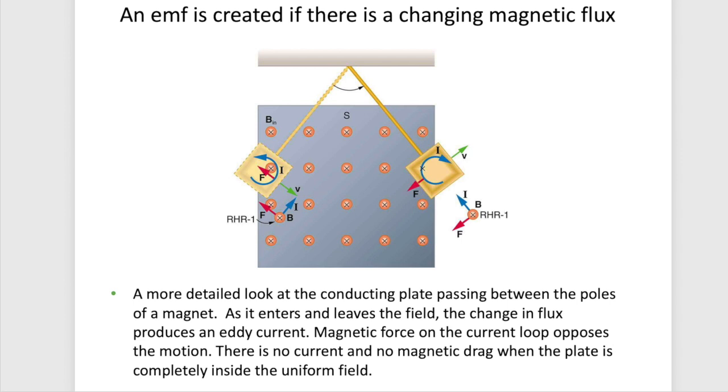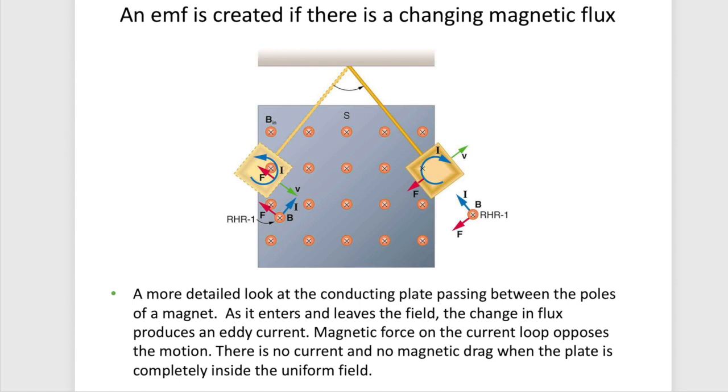And when there's a change in flux, there's an induced EMF. When there's an induced EMF, you get an induced current. This eddy current will induce a force that causes it to slow down. In both cases, you can do the right-hand rule and check this. The force is going to be, for the object swinging to the right, to the left.